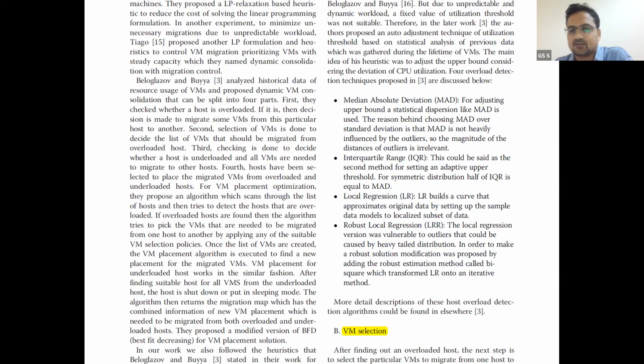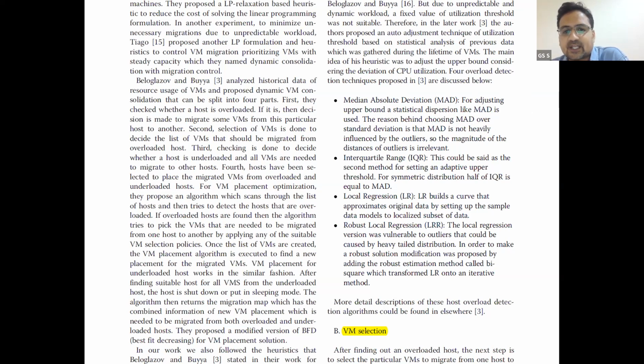There are a few algorithms in that area which are statistical inference based approaches. Median absolute deviation, known as MAD. For adjusting the upper bound, a statistical dispersion measure like MAD is used. The reason behind choosing MAD over standard deviation, so we already have standard deviation, this is also a deviation, right?